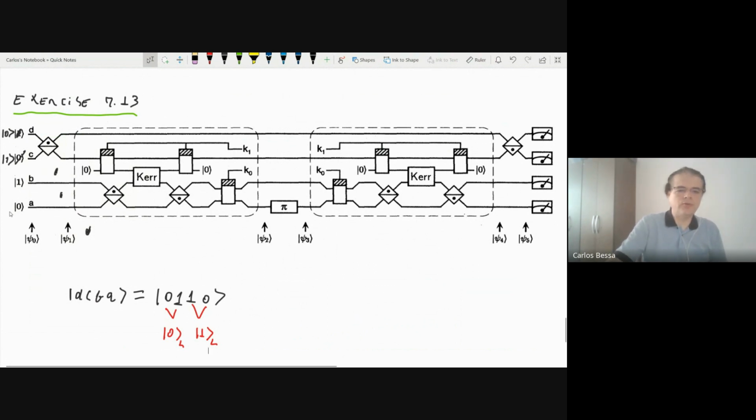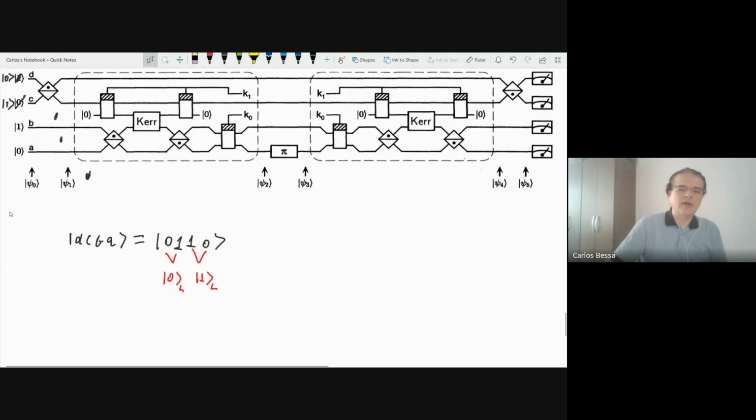And so we have 4 possibilities related with this K. So let's just look here. The first possibility is when K1 equal to K0 is equal to 0. K is here, K1 and K0. It's exactly the guys that turn on or off these switches. Okay?